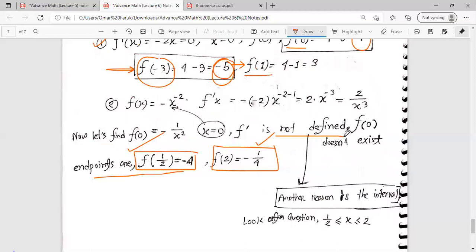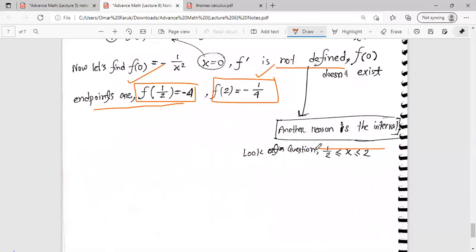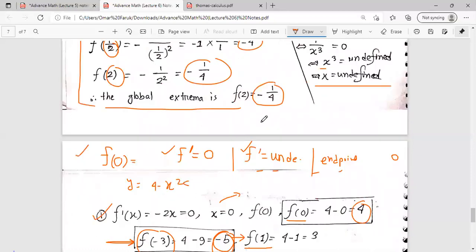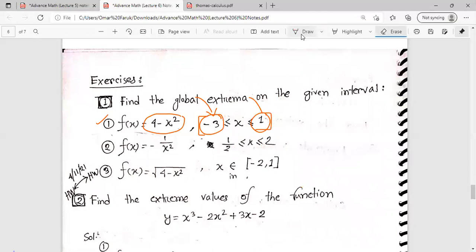And Yunus told another thing, right? If you look at the question, our interval is from 1/2 to 2.